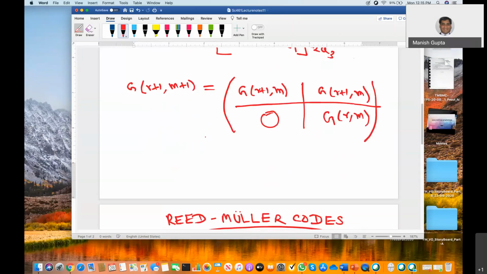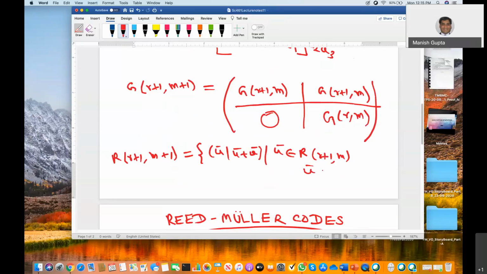Okay, so in other words, there is a result which says that RM(r+1,m+1) can be described by the u plus v construction. This is known as the u plus v construction, such that u is a code word in the Reed-Muller code of (r+1,m), and v is a code word in (r,m).